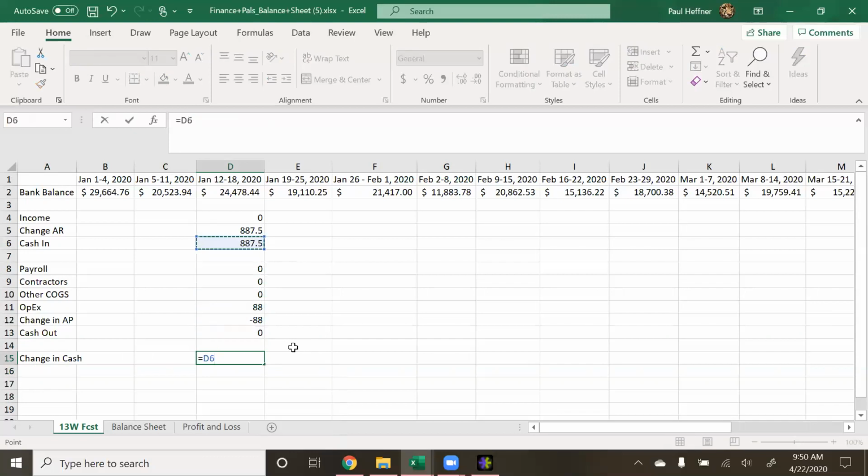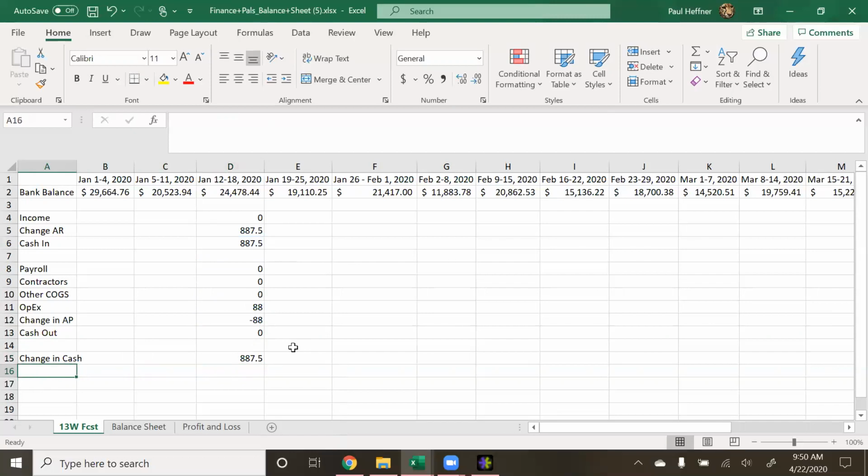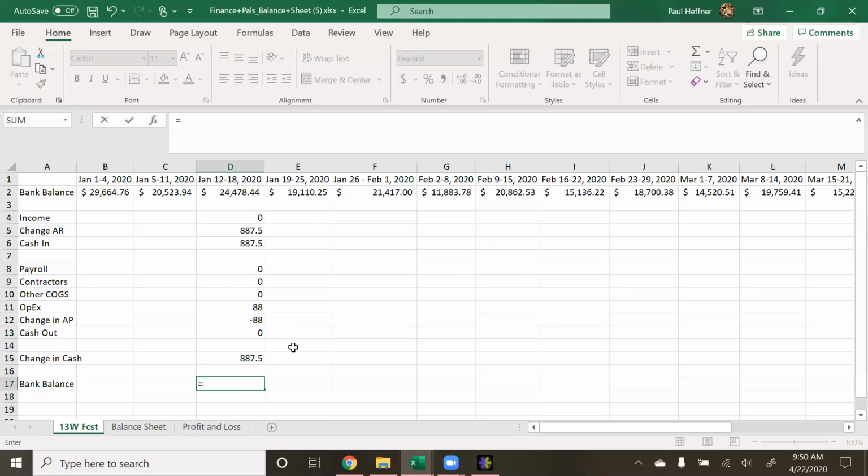So cash in minus our cash out. This would be our new bank balance. So our starting bank balance plus our cash goes there.